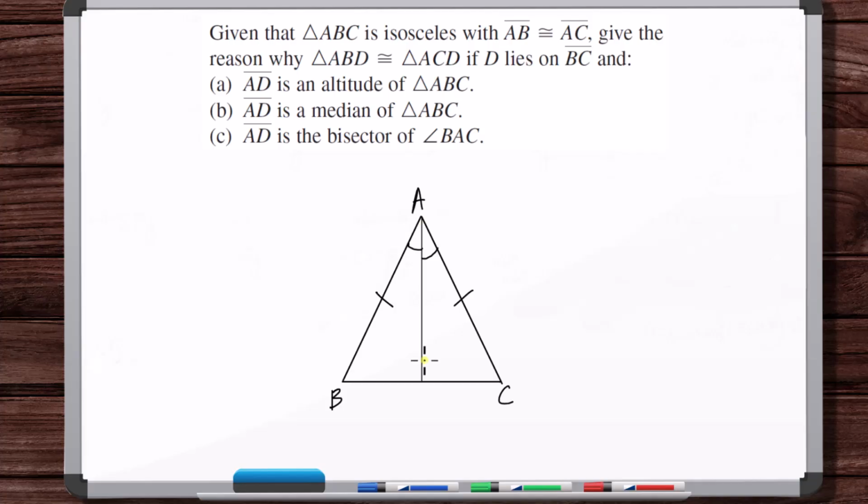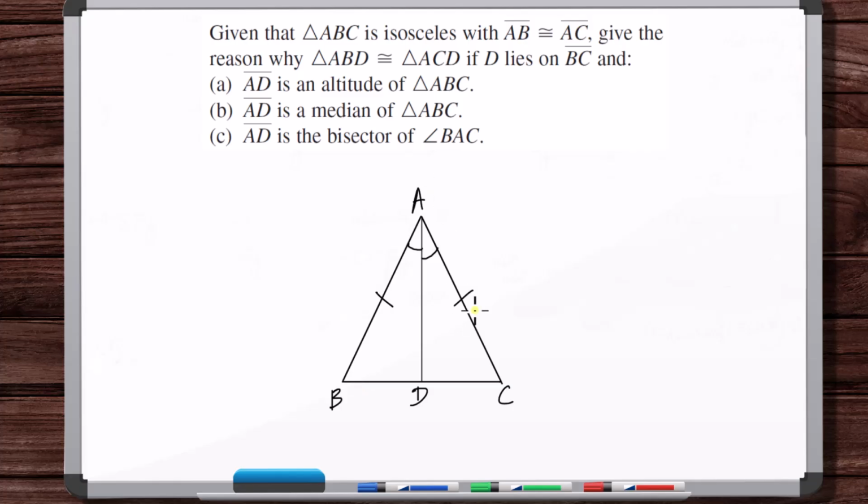That's a properly constrained auxiliary line I just added. So here's point D. But with that, I can't make any statement about where point D is, if it's the midpoint of BC, or if this is perpendicular. This is properly constrained. I just added this auxiliary line, going through point A and bisecting the angle BAC.